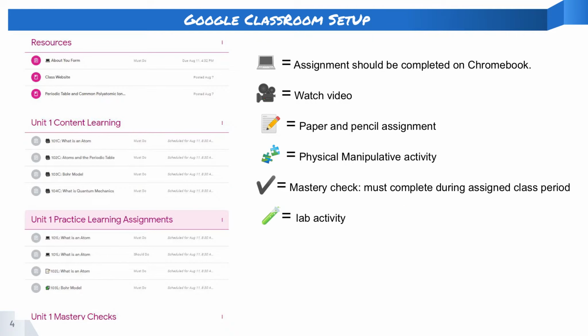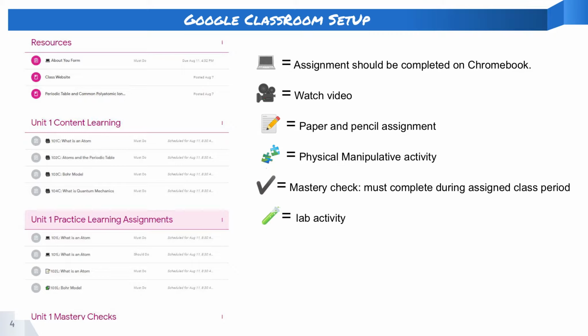Because I run a mastery-based, self-paced classroom, different things in our Google Classroom will look different. I'm using these icons this year to represent what students have to do for the task. The little computer means they need to complete the assignment on the Chromebook. The video means they have to watch a video. Paper and pencil means a paper and pencil assignment.